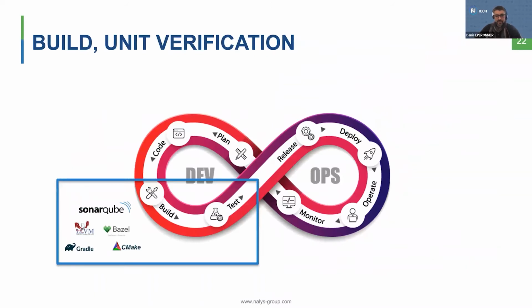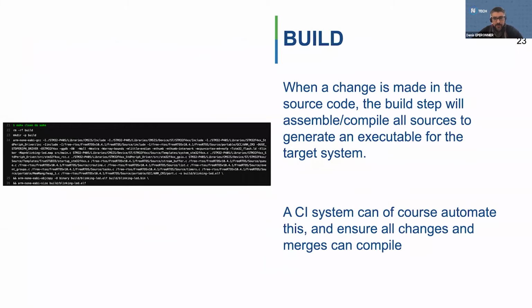For the next concepts, maybe a short reminder on this workflow. Here we will talk more about the build and unit verification, so the bottom left of the infinity symbol. Speaking about build, obviously we can automate this.